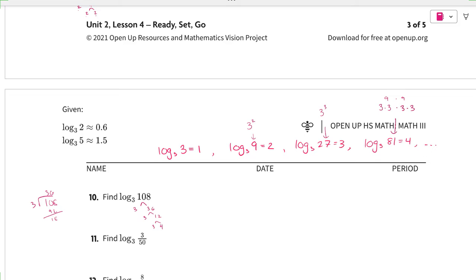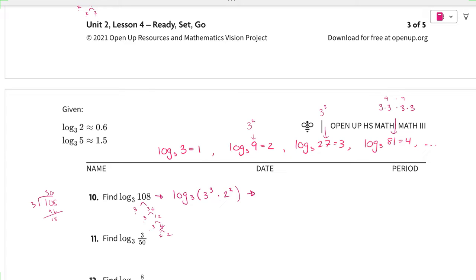So we're breaking down that 108. So let's kind of log base 3 of, I have 1, 2, 3 3s. So 3 cubed times, and this can be 2 times 2, or 2 squared. So 27 times 4. And again, you could have done this a few different ways, but this is how I chose to do it using the properties.